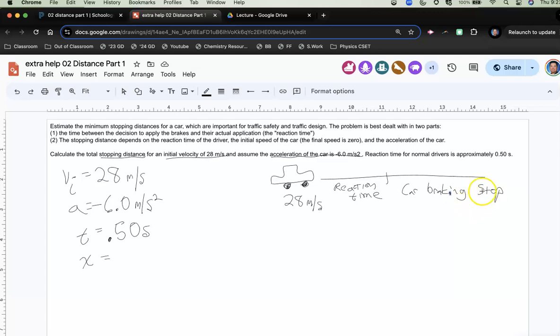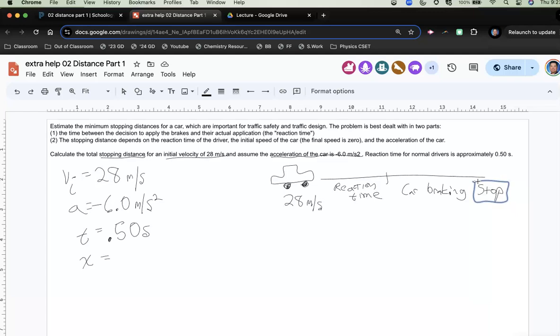Okay? So the car braking, and not breaking apart, but hitting the brakes. And then it finally stops. So I'm going to do that. So we have to find two kinds of x. Not just xf, not just xi, but an x for the person to think about, I need to hit the brake, and then you need an x for the car finally stopping.